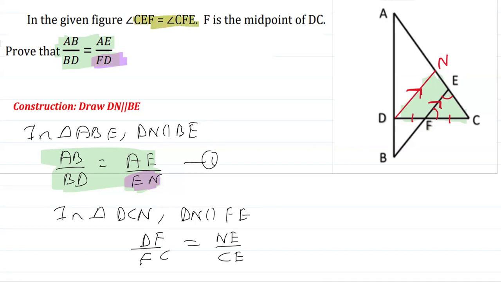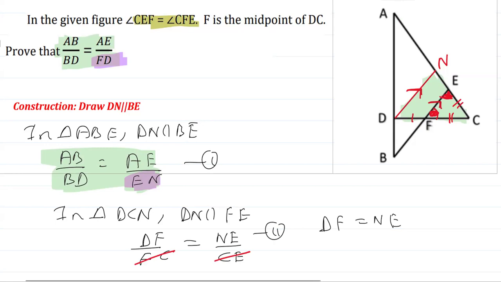Based on this, we can say that in a triangle, when two angles are equal, then their opposite sides are equal. That means we have these two sides as equal. So since CF is equal to EC, we can cancel this, and from this we got DF is equal to NE.